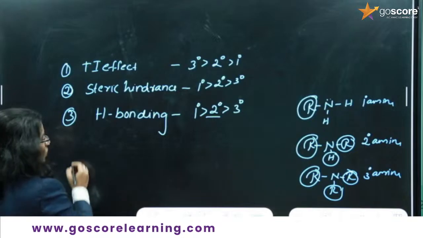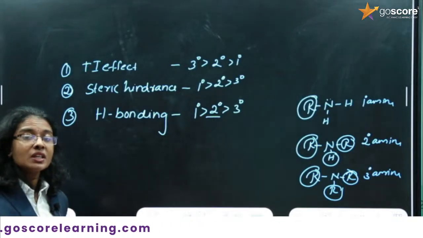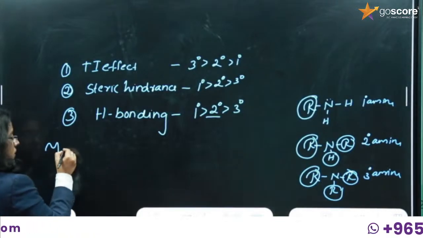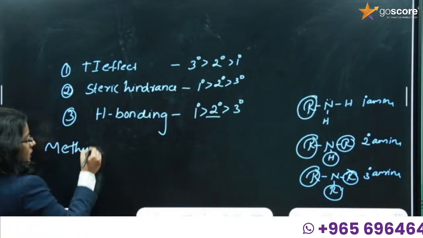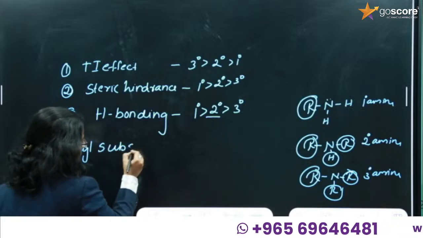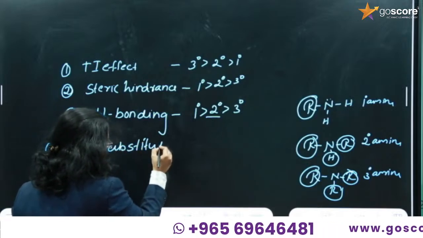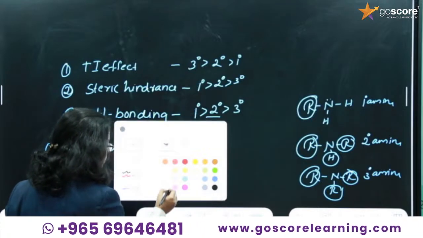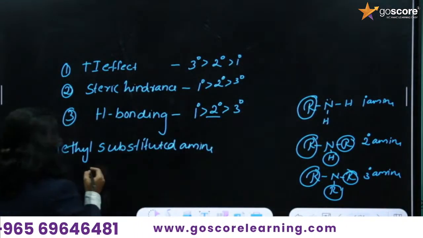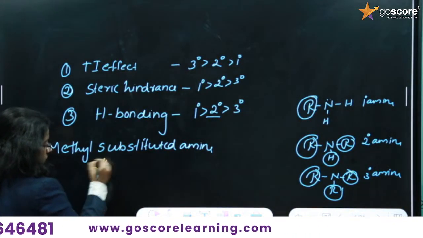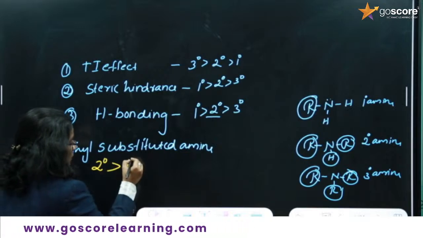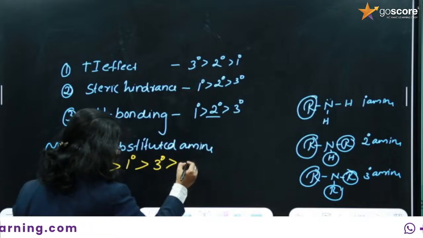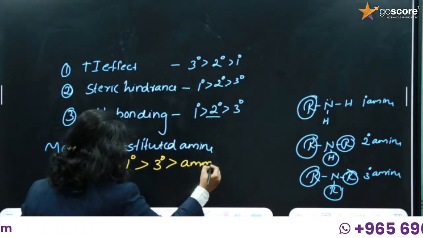So the order for methyl substituted amine and ethyl substituted amine is different. For methyl substituted amine, the order will be secondary greater than primary greater than tertiary greater than ammonia.